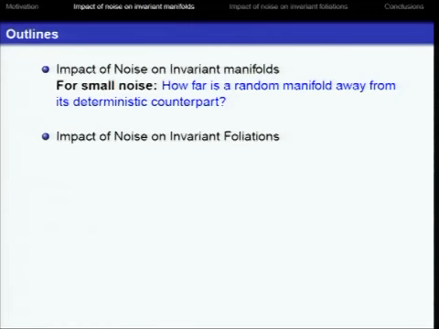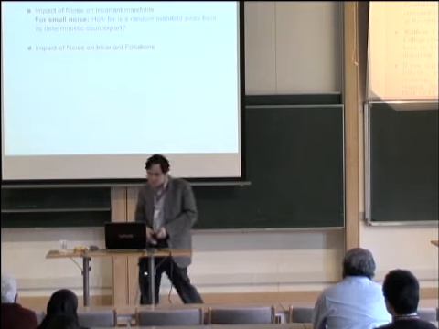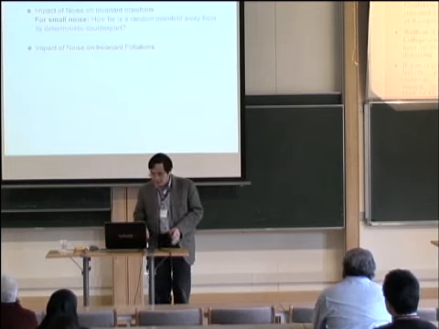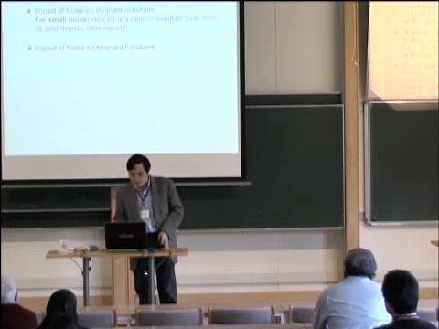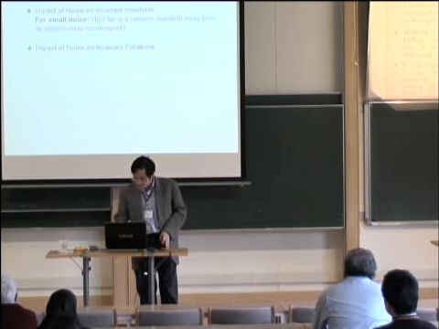Now if noise is small, can we say something about the structure? Remember, even for linear stochastic systems, it's hard to understand or draw or describe the invariant manifold. So small noise may tell us something about the structure, which is interesting in that sense. So let's first look at the impact of noise on manifolds and then on foliations.